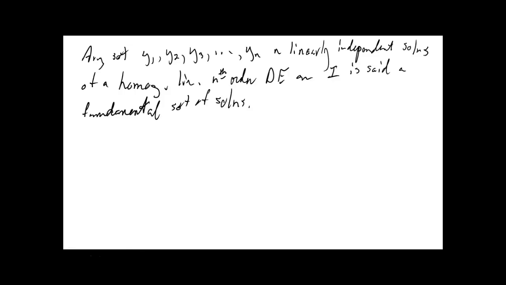First, let's start. You have an nth order homogeneous linear differential equation. Now, how many independent solutions could you have? In fact, must you have n? You see, this is nth order.